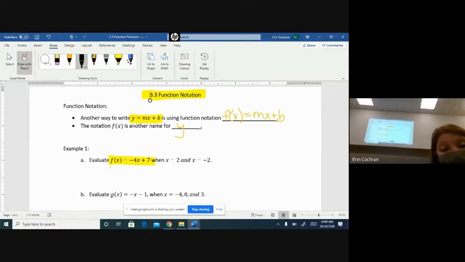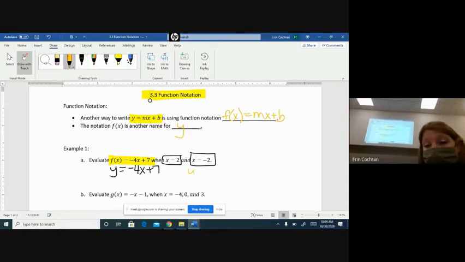Y. So I just rewrite this myself as y equals negative 4x plus 7. Okay? Then it says evaluate when x is 2 and x is negative 2. So 2 and negative 2 are going to go into what variable? X. That's it.